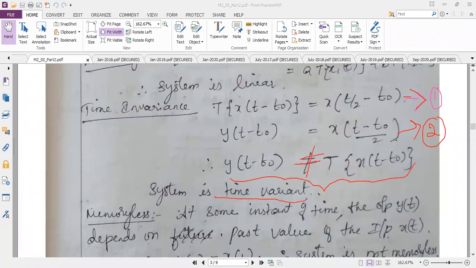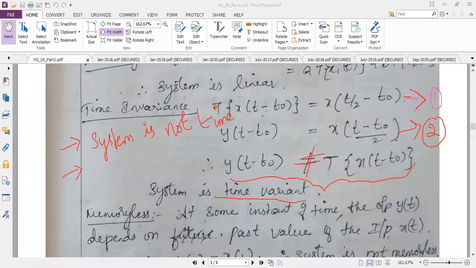See, in the exam, not always the signals and systems faculty will come and do the valuation. Anybody can come and do the valuation. They may not know the things properly. So for the safer side, I want you to write both the answers. Write that the system is not time invariant, because they will search for the word invariant.